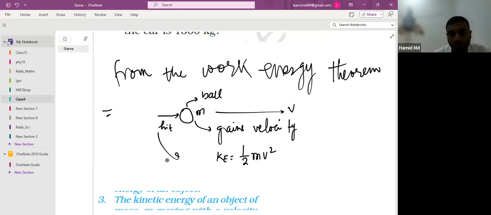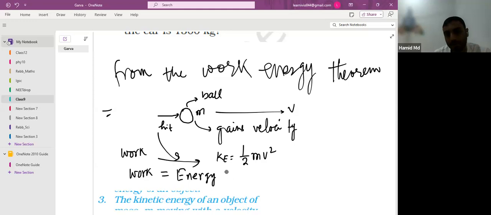So upon hitting means that you did some work, and that work is being transformed into energy. This is kinetic energy. If you do some work, then work will be transformed into kinetic energy. So the work energy theorem is that work is equal to energy.